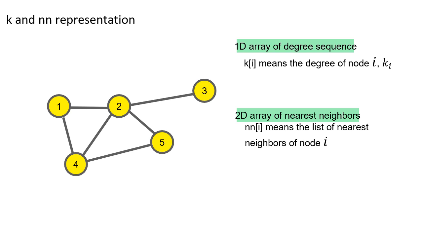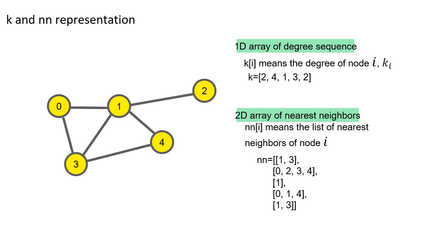You can represent the degree and nearest neighbors of the network. For example, degree ki means the degree of node i. You can use a one-dimensional array for the degree sequence.